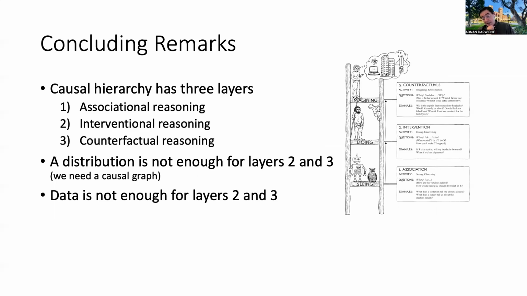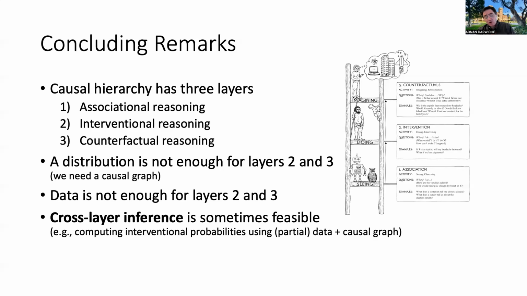The last remark is that I want to introduce another term which we didn't use in the lecture, but it's commonly used in the literature: cross-layer inference is sometimes feasible. Cross-layer inference refers to this idea of using quantities at one level to answer questions at another level, and that's what we've been doing in the second part.